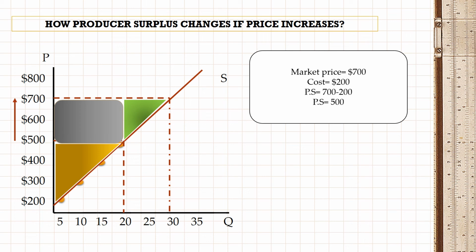But now a few of those sellers are in the market because the market price has increased. So at price 500, there were only 20 suppliers and at $700, there are 30 suppliers. So that's your producer surplus. But what happens when price decreases? Definitely when price decreases, producer surplus also decreases.